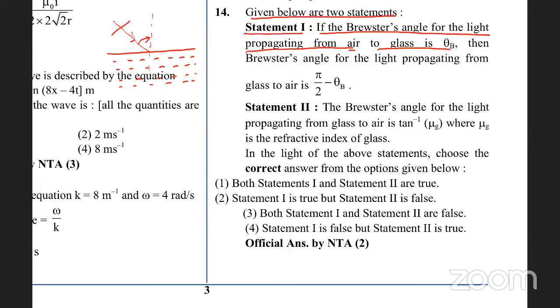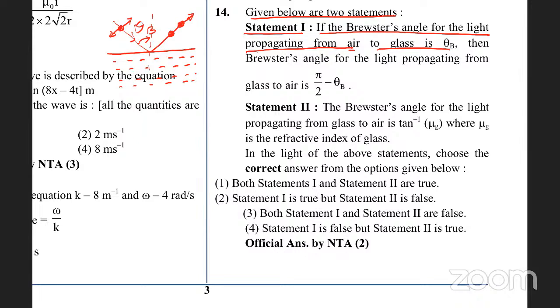When the incident light is unpolarized, with dot component and arrow component, and the incident angle is Brewster's angle, the reflected light contains only the dot component. That means it is completely plane polarized. The reflected light is completely polarized.